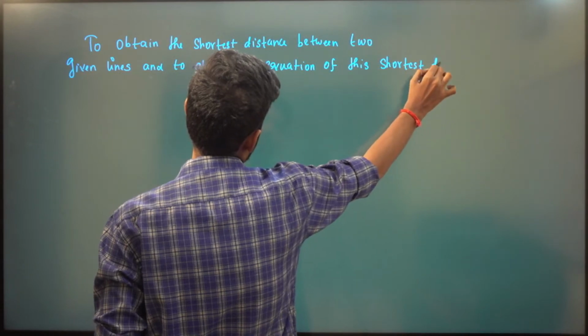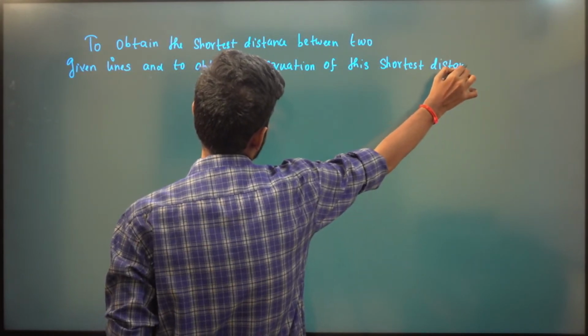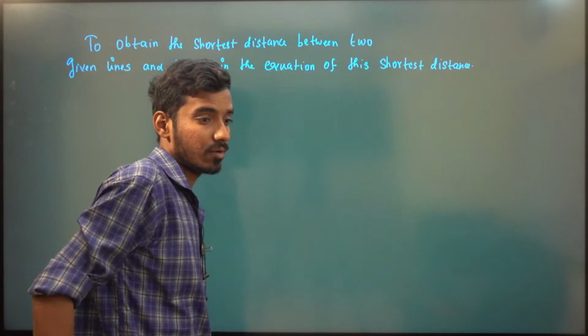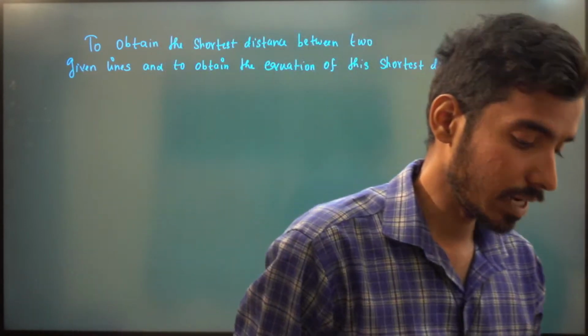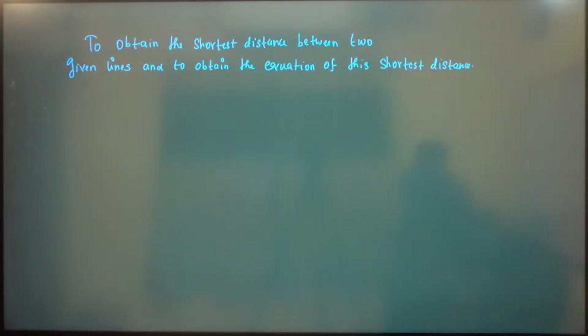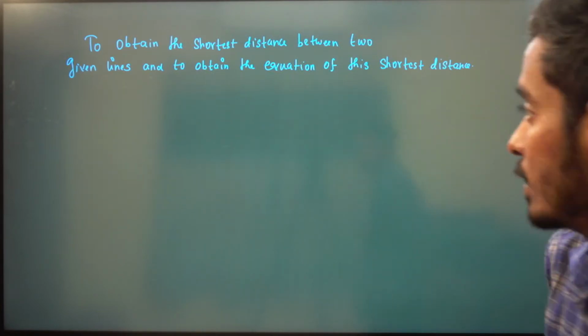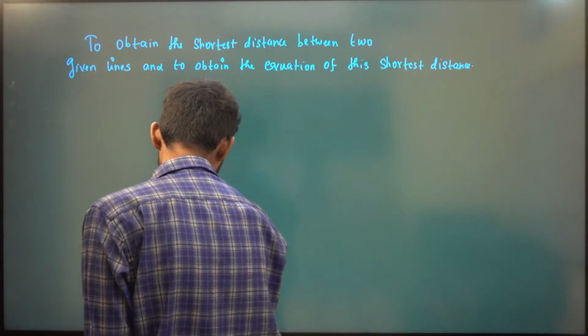See, very important from the exam point of view. Very simple, right? I'm just going to give you two formulas. One formula is for the shortest distance, and the other is to find the equation of the shortest distance line, right?